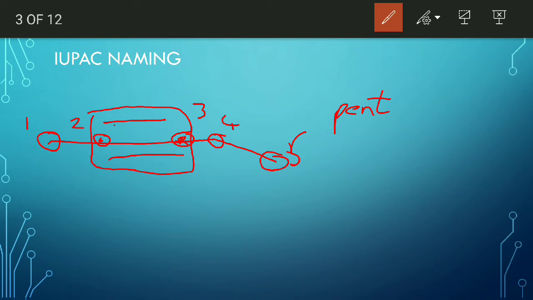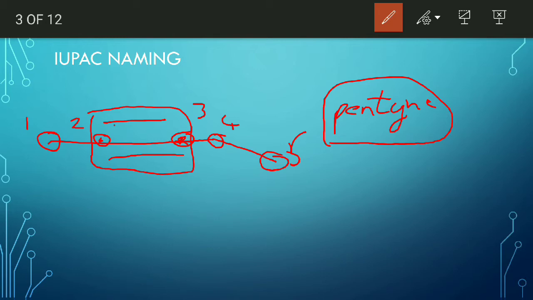The 1 degree suffix is "-yne", and there is no 2 degree suffix as well, because 2 degree prefix and suffix mean functional group. Now here the IUPAC name of this compound is pentyne. So naming of alkenes and alkynes is very easy.